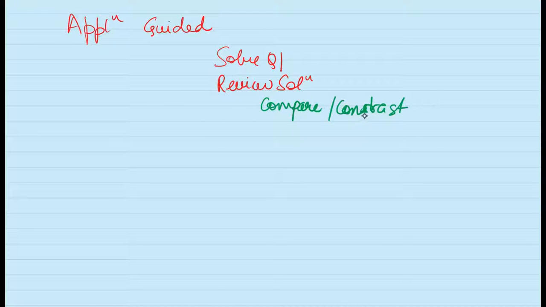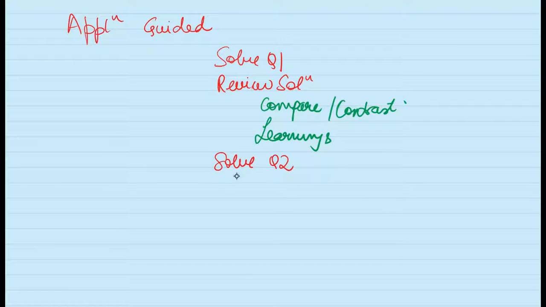Just spell contrast, right? Contrast. Now then what you do is you apply these learnings from this exercise onto the next question, question number 2, and then you again review the solution of this question, and then you repeat the process here.